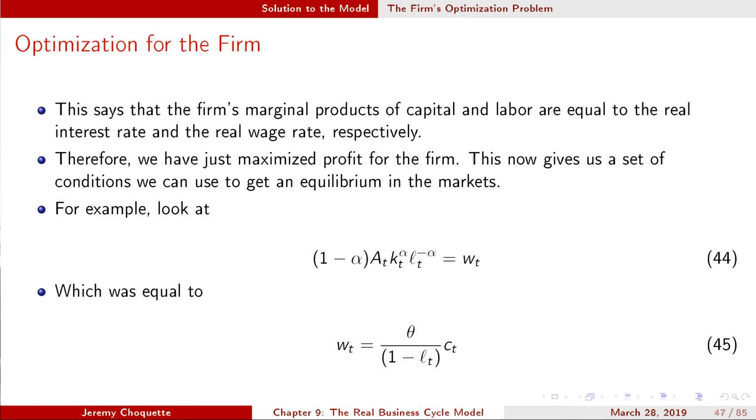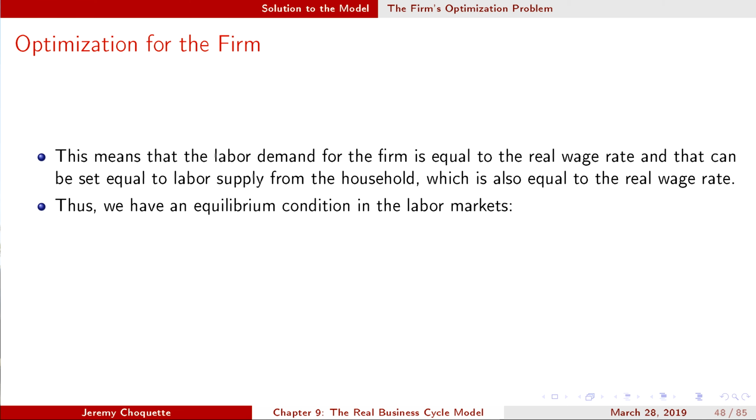Well, we get theta over 1 minus L_t, really theta over N_t, theta being the elasticity of substitution between leisure and consumption, divided by leisure times consumption, equal to the real wage rate. So that means the labor demand for the firm is equal to the real wage rate, and that can be set equal to labor supply from the household, which is also equal to the real wage rate. So we actually have an equilibrium condition in labor markets, which is this.